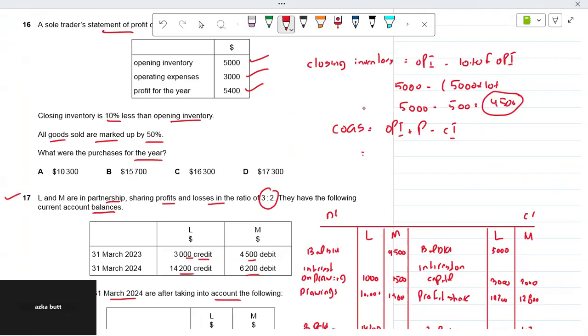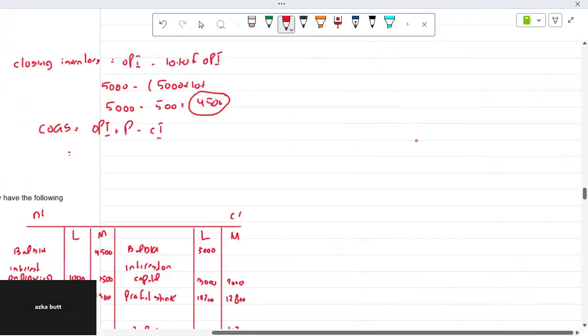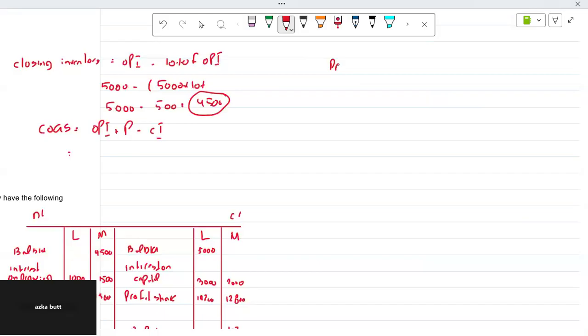If we need to find the cost of goods sold using the profit and markup information, we can use the profit formula. Profit is equal to sales revenue minus cost of sales minus operating expenses.